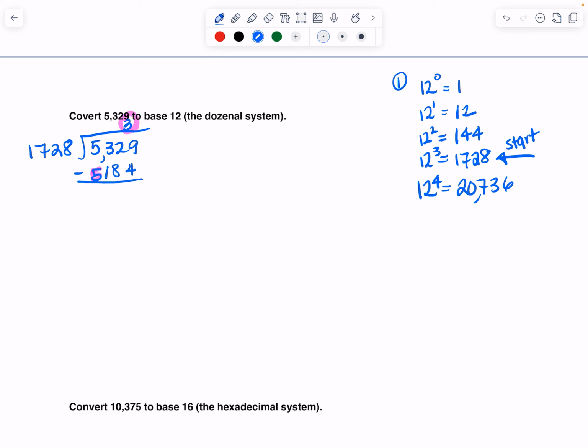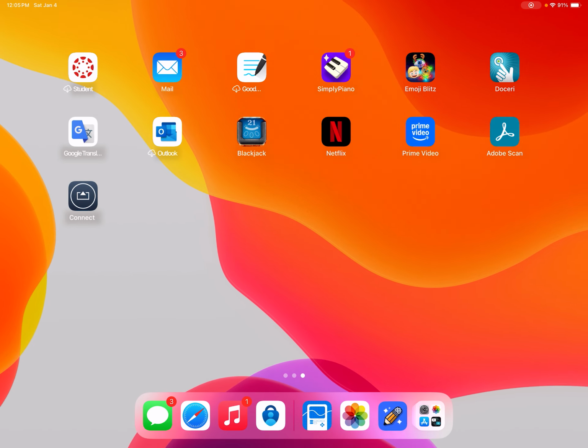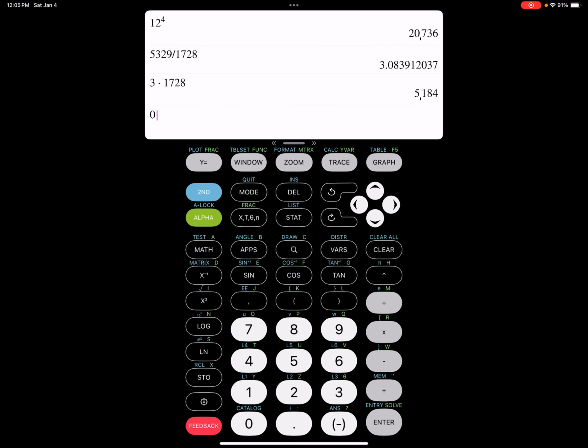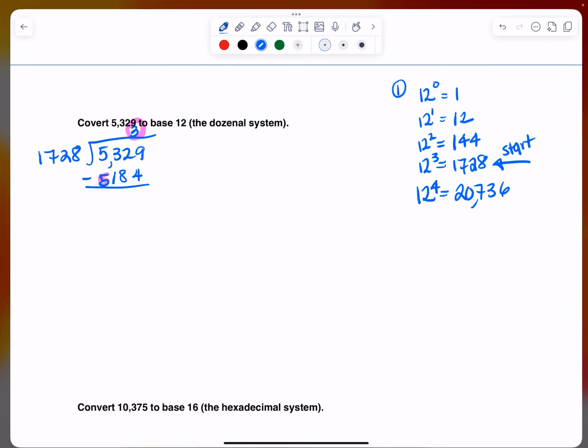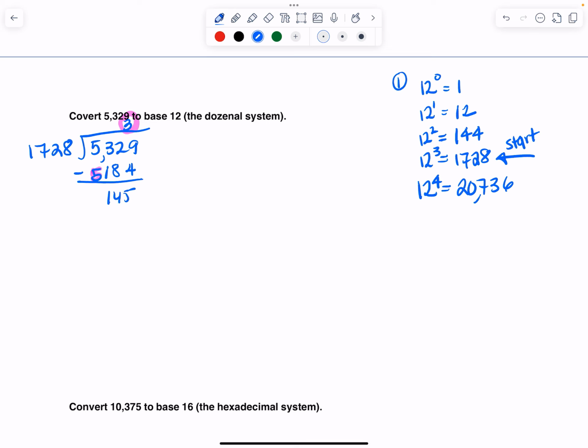So I'm going to subtract these two numbers, 5,329 minus 5,184. And when I do that, I get 145. Okay, so 145. This is my remainder.